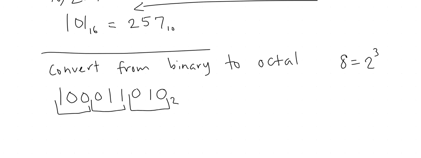This will be 4, this will be 3, and this will be 2. Note that the number in the brackets will always be less than 8 because the biggest 3-digit number you can make in base 2 is actually equal to 7. So you never have to worry about it being too big to be a digit of base 8. So now that you've converted this into 4, 3, and 2, it's actually pretty simple. You can just know that it's 432 base 8.